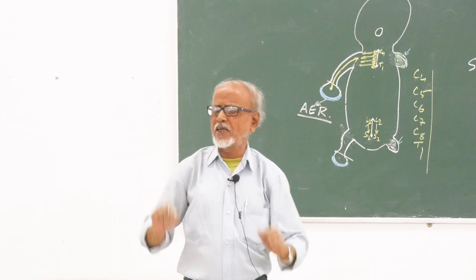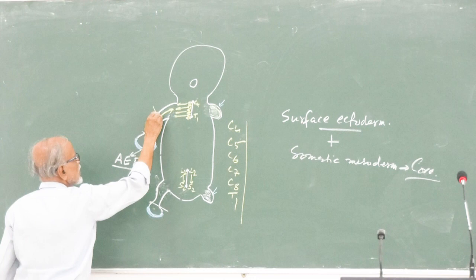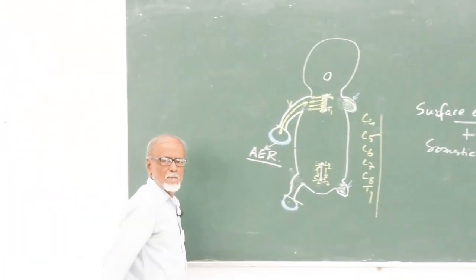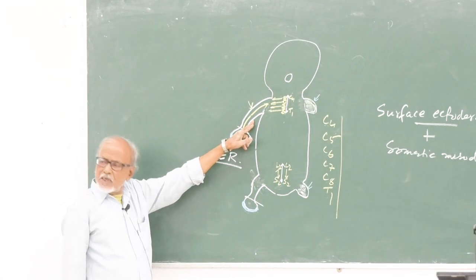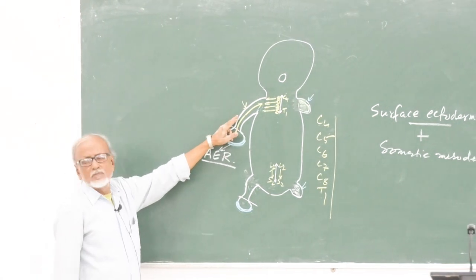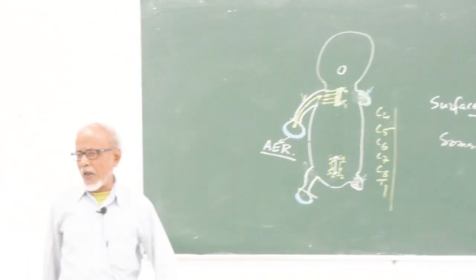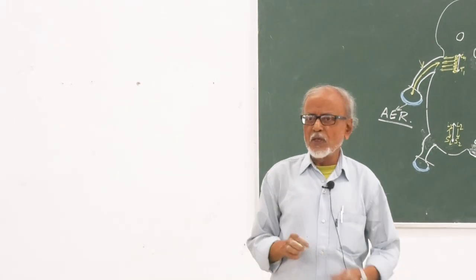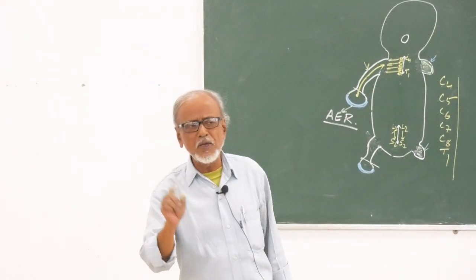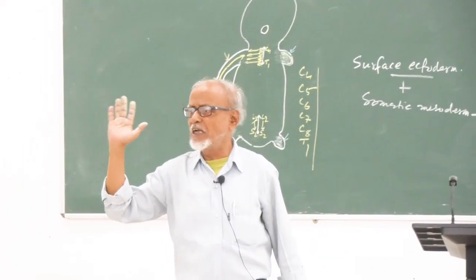In relation to the axis, this cranial border is before the central axis, and this is after the central axis. Therefore this border is called the pre-axial border, and the caudal border, being after the axis, is called the post-axial border. Exactly, this is what you have to do.